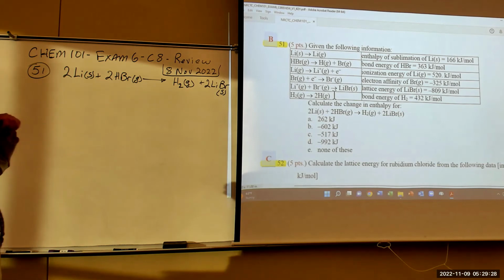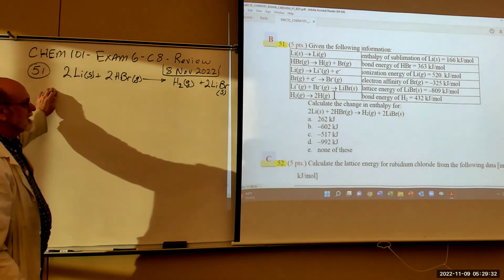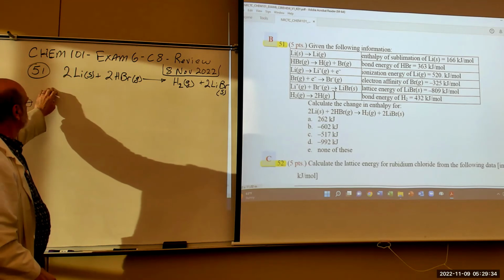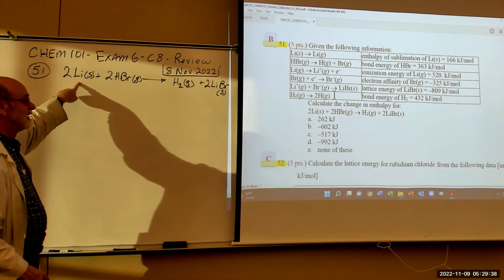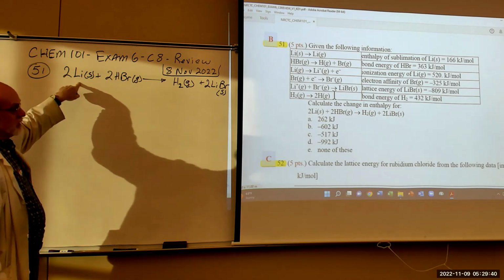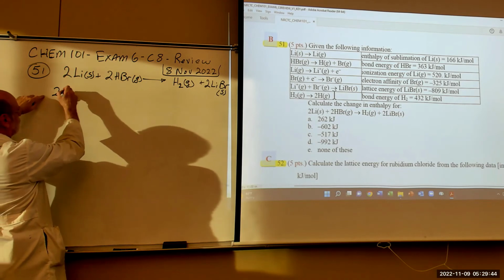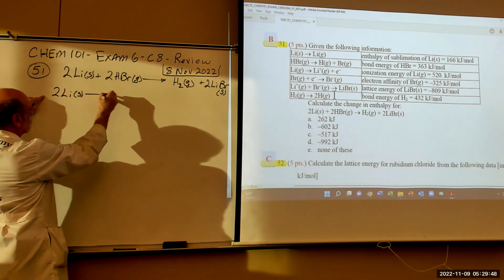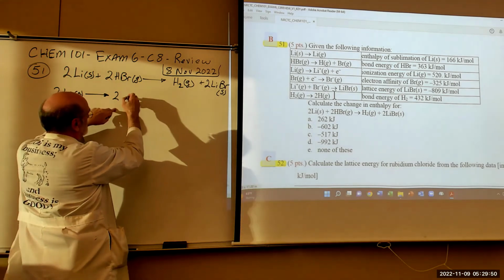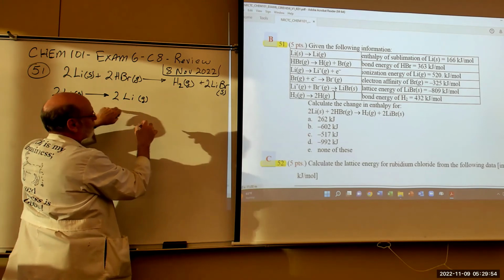Okay. Let's see. Lithium to lithium gas. Here's lithium solid. Okay. So we need 2 of them. We need 2 lithium solids yields 2 lithium gas.